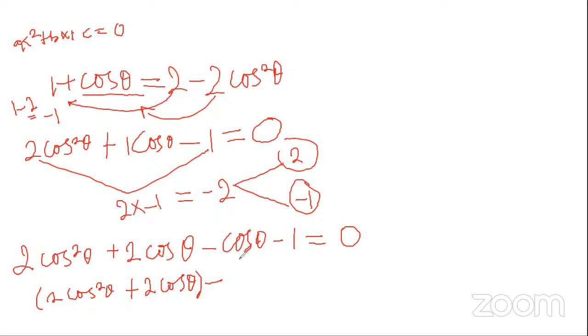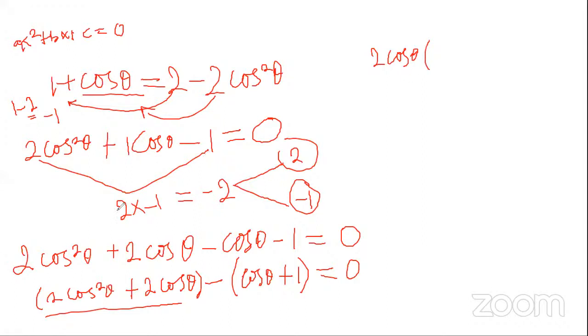So that is one group, then minus cos theta plus 1 is equal to 0. Then after here, we can factorize out the common factors. What will be the common factor in this first bracket? 2 cos theta. So we shall have 2 cos theta out.